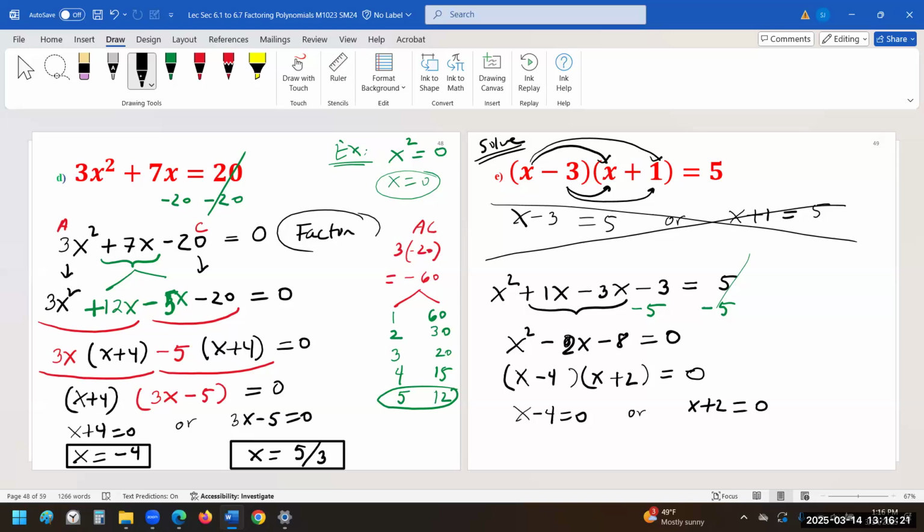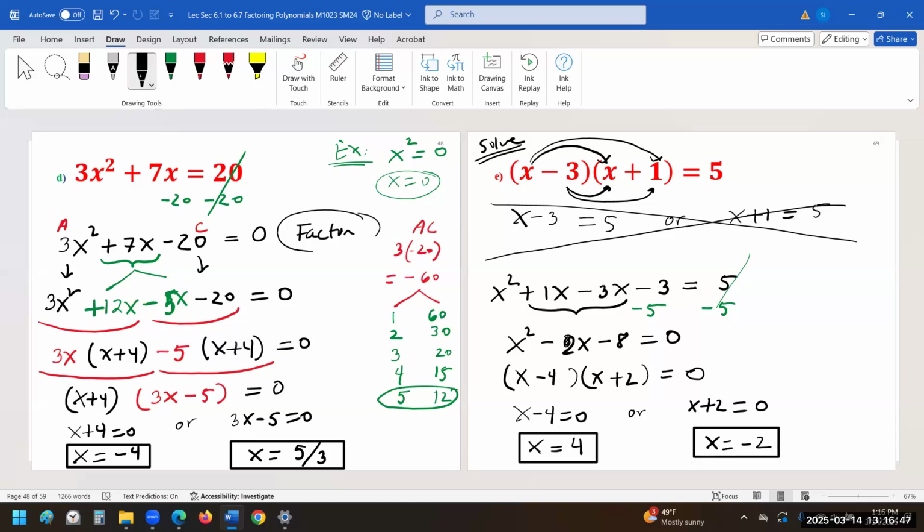That's why the result is 0. We don't have to use quadratic formula. Quadratic formula we use when it's not factorable. So what is x in the first one? +4. And the second one? Good, -2.